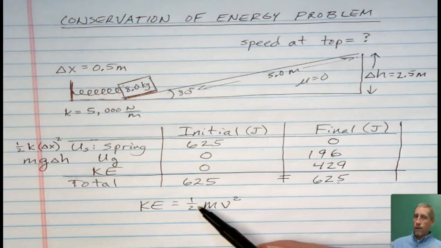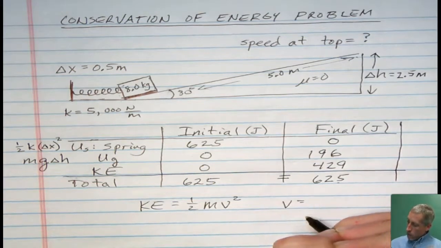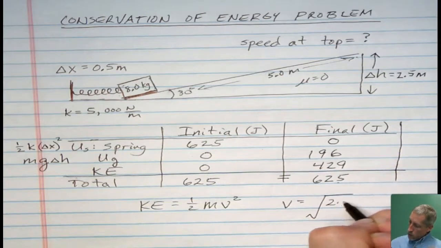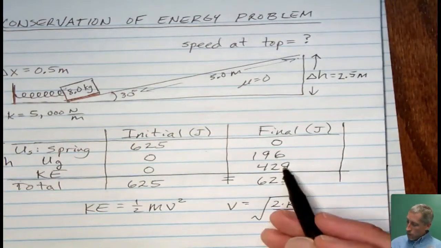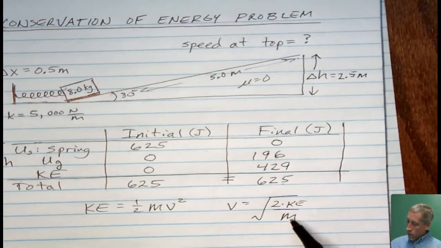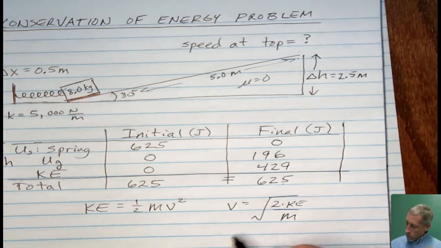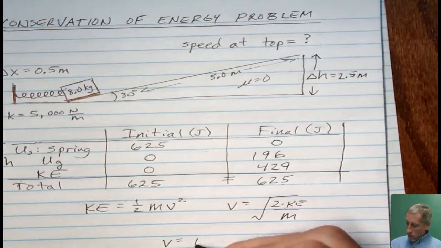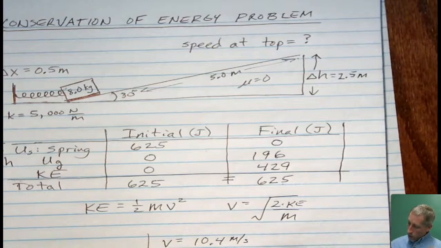We're not talking about vector quantities, just scalar. So I often write this in a more convenient form, 2 times the kinetic energy divided by the mass, and all of that square rooted. So when I plug in my 429 divided by my mass, I've marked 8 kilograms here for the mass, and then take a square root, I'm going to get a velocity up there of about 10.4 meters per second.